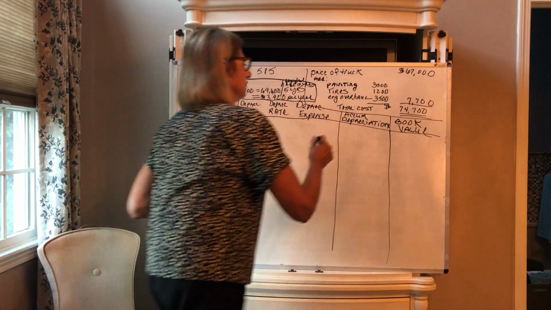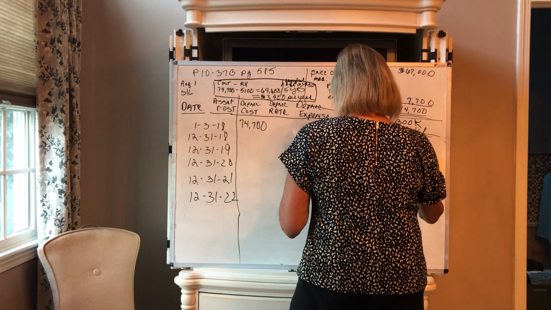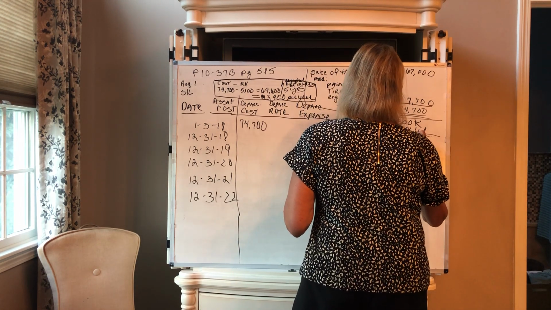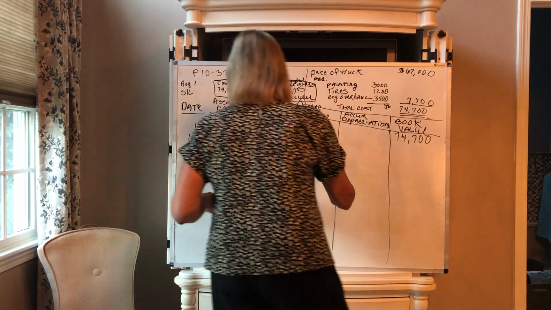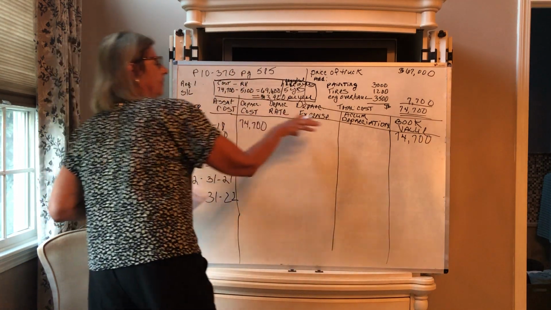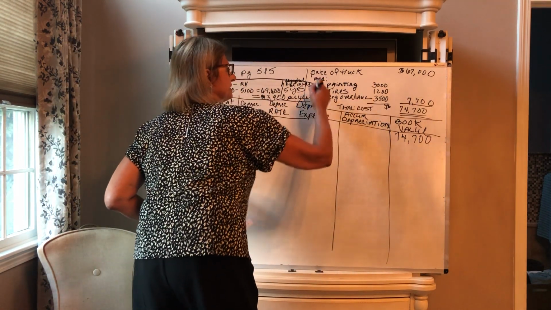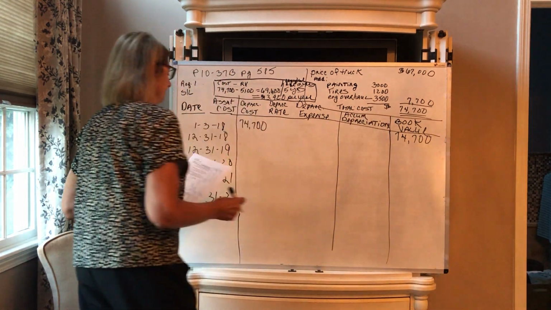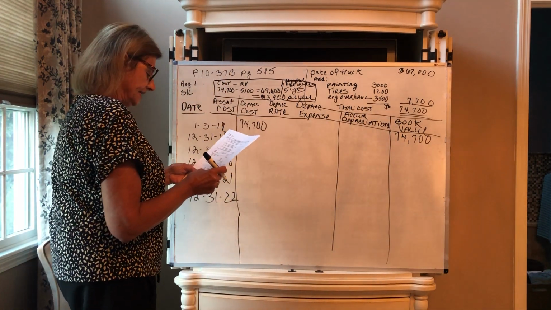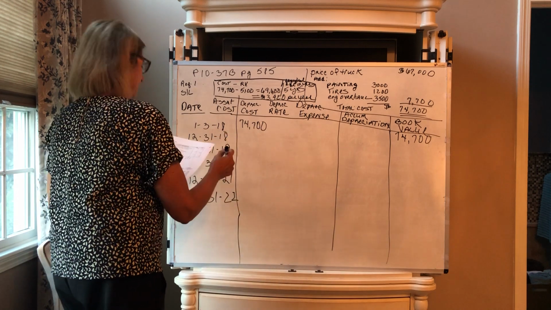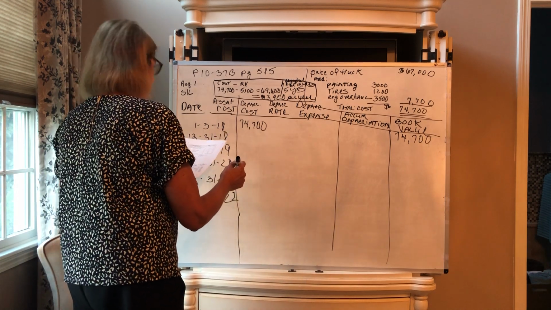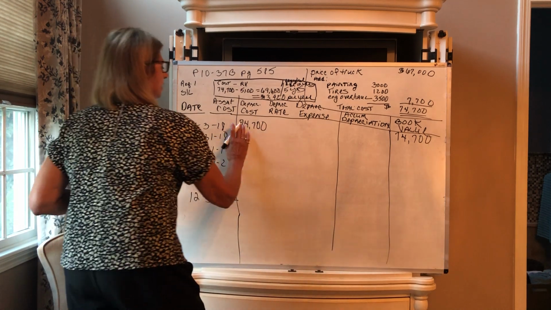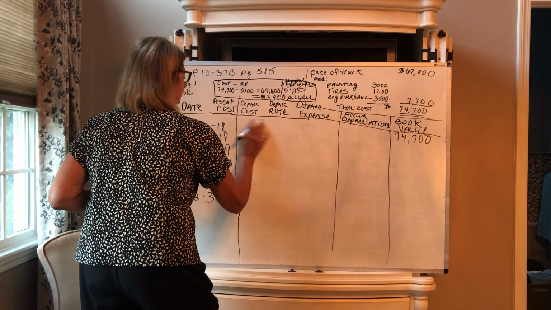And the book value is $74,700. I'm going to see how neatly I can write. I notice I already went downhill, and that's because I wanted to stick that in there so you could see how I came up with the $74,700. So at the end of year one, the depreciable cost, oh, I'm sorry, this is in the wrong column.